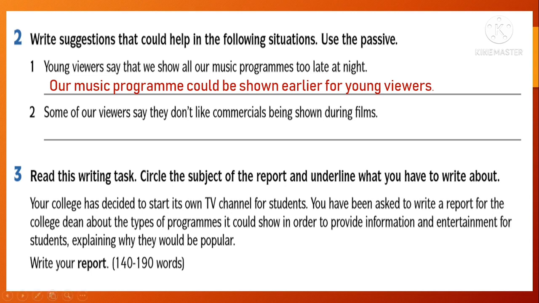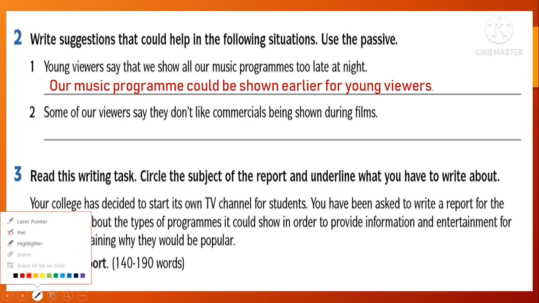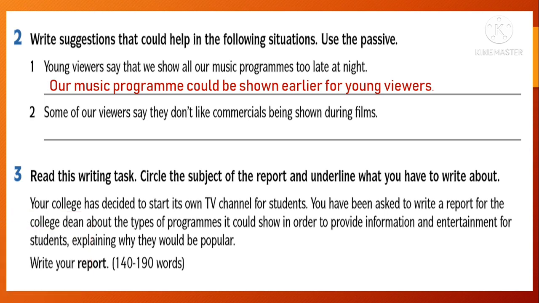Okay, ada 2 tugasan from this activity. The first one is circle the subject. You have to identify the subject, then you need to circle the subject of the report. The next one, you have to underline what you have to write about.